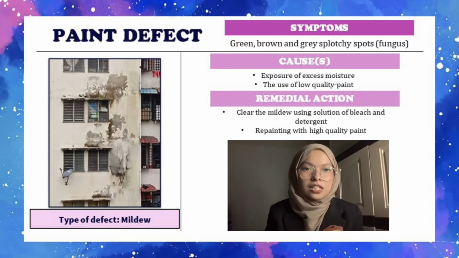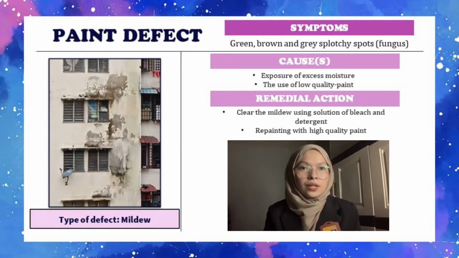Exposure to excess moisture, which leads to fungal growth, and the use of low quality paint which contains less mildewcide can be the causes of the defect. The remedial action to be taken is to clear the mildew from the painted wall using a solution of bleach and detergent, then rinse it and let the wall dry before repainting with high quality paint.